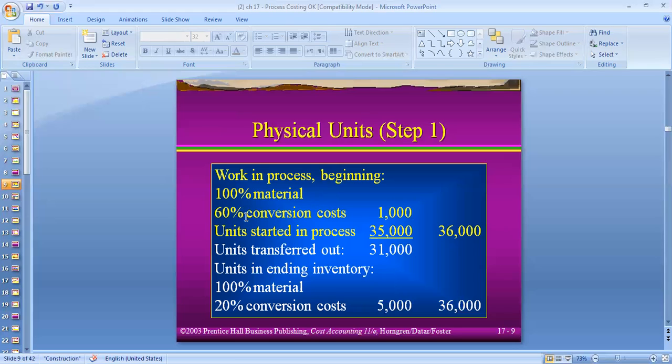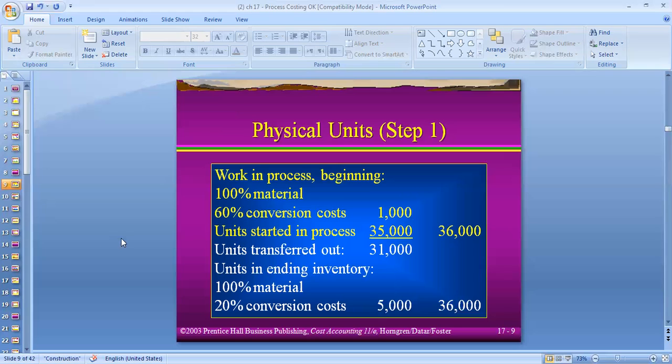But the conversion cost is 60%, so it needs the remaining of the 100%, I mean 100% minus 60%, the non-completion rate is 40%. So regarding work in process, I consider the non-completion rate, not the completion rate. So regarding material, completion rate 100%, so the non-completion is 0%. Conversion cost is 60%, so the non-completion is 40%.